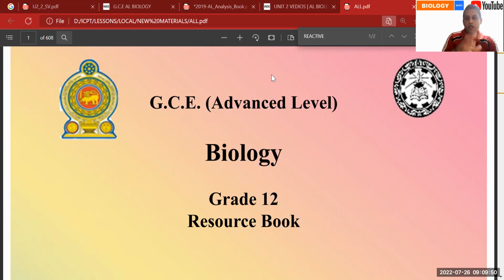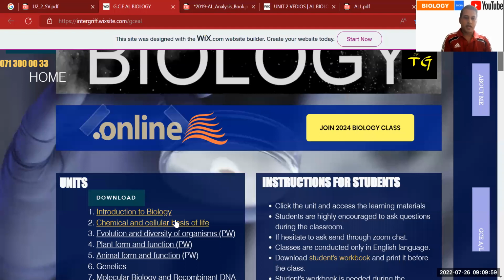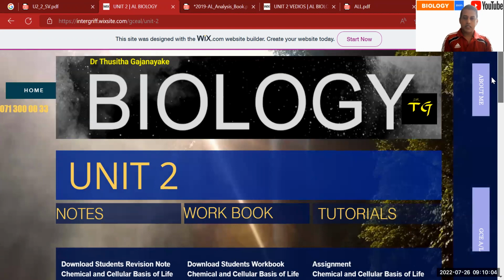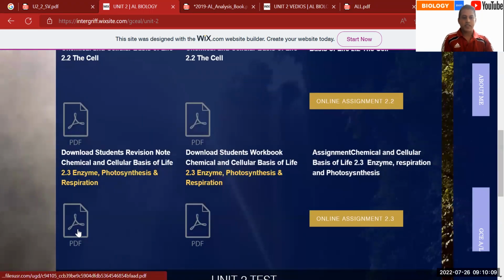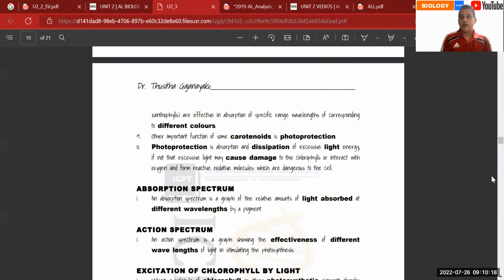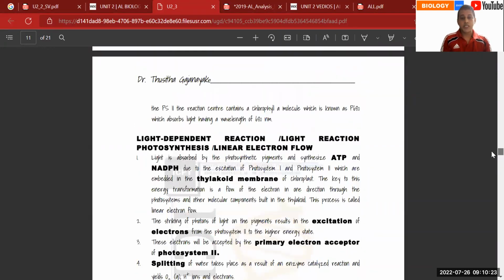And what I am trying to do, for example, if you go to my website, let's take one example. This one is completely streamlined to the resource book. So if you look at this first note, it's mostly now completely from the resource book.